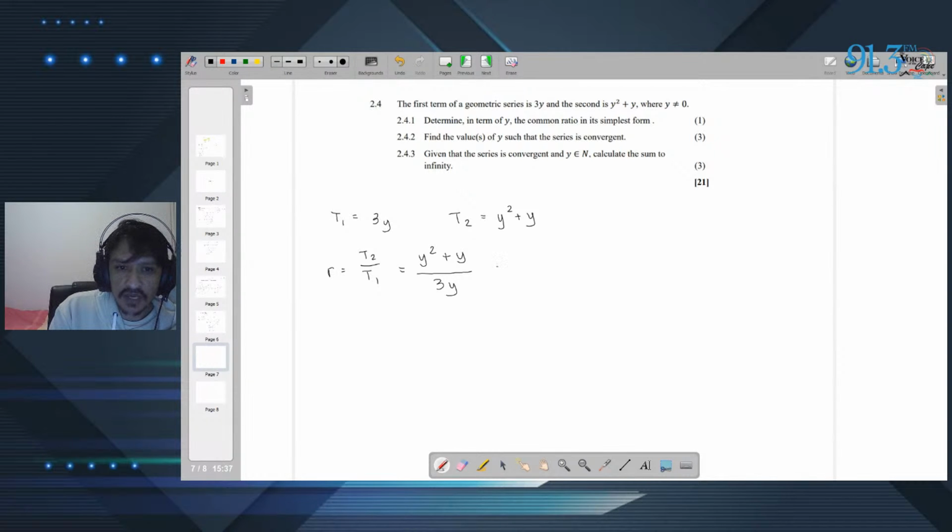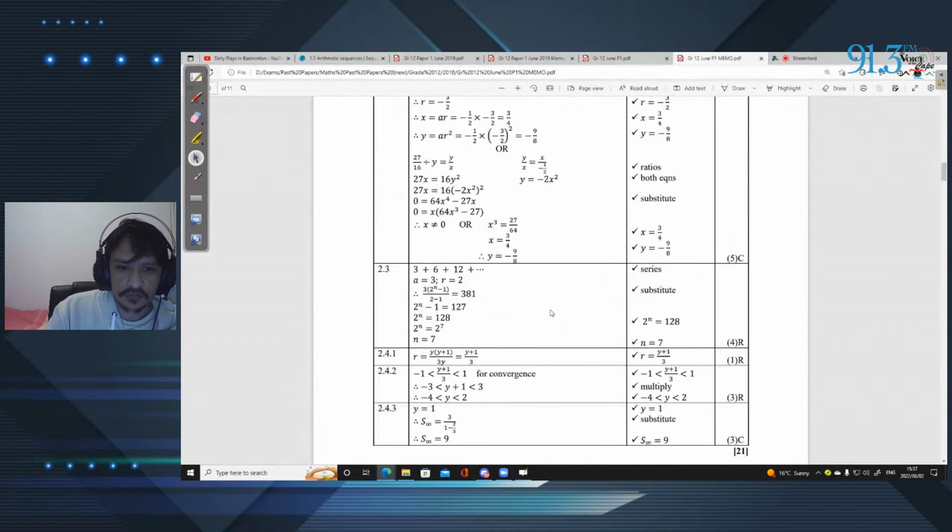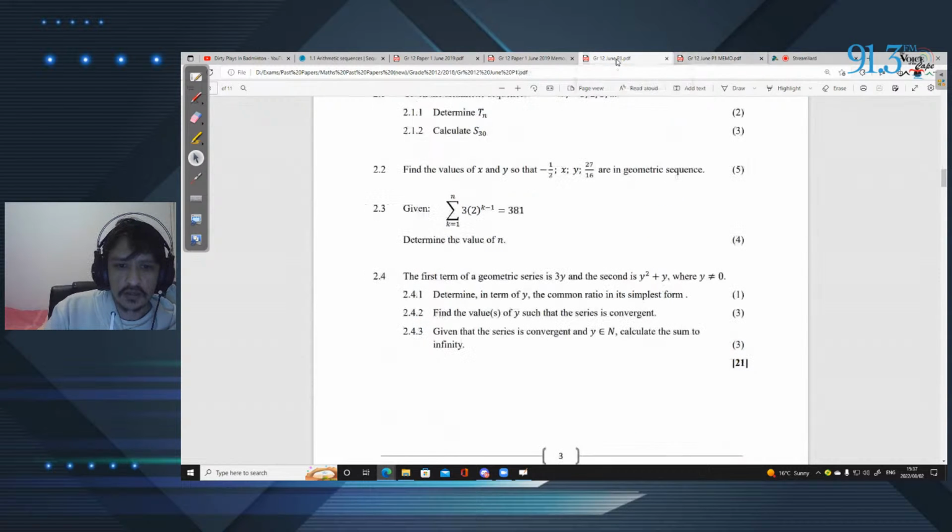Y is a common factor, so we'll just go y bracket y plus 1 over 3y. We can see that the y's will cancel, and our ratio comes down to y plus 1 over 3. Are we correct? Let's check the memo. And there we go, y plus 1 over 3. Right? Now, let's go back here.